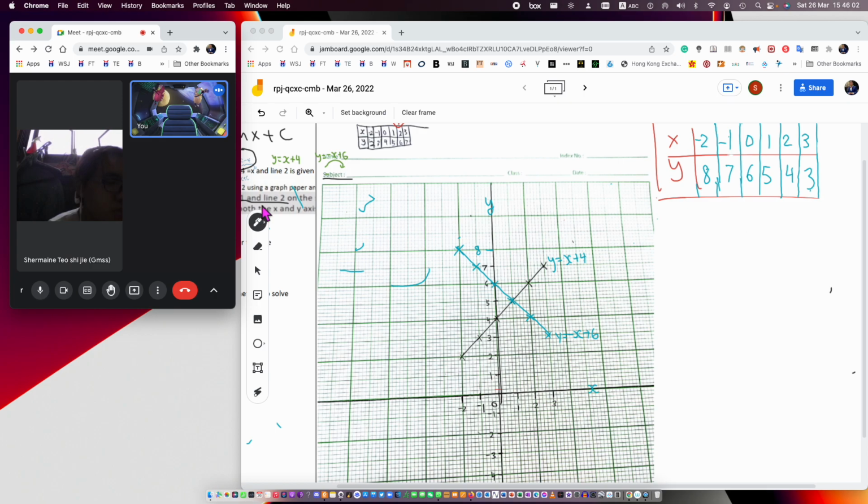Okay, and then read the question. The question says you need to find the intersection point. So where is the intersection point here? Look at the graph. Where's the intersection point? And label the intersection point. Can you use a red color to mark the intersection point?